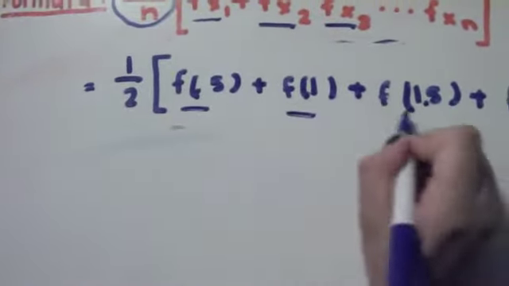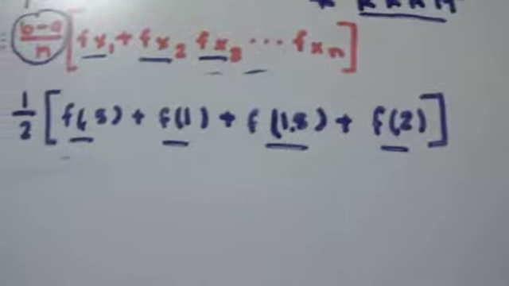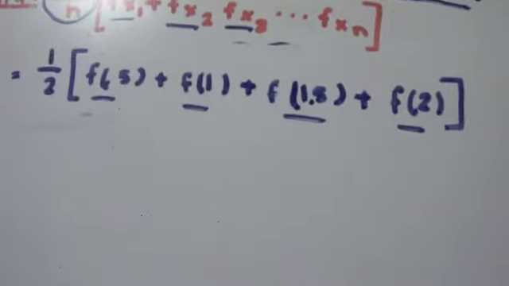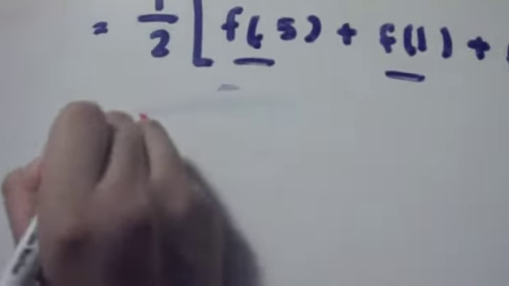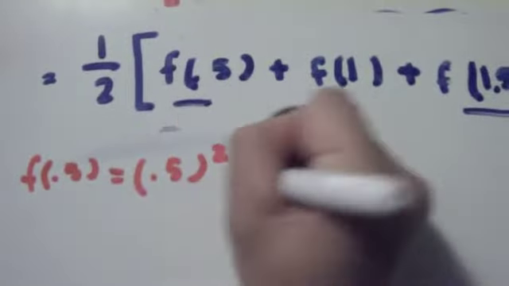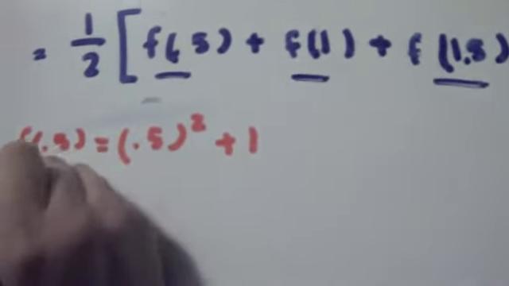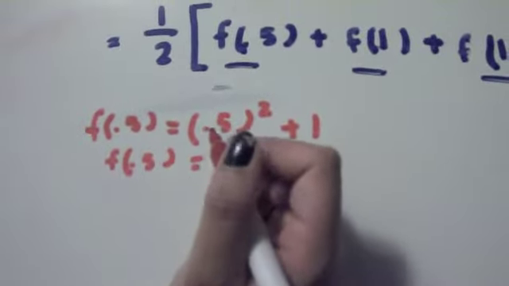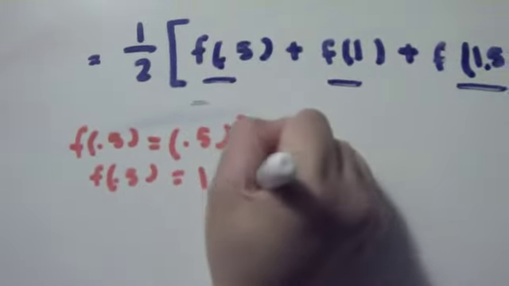in order to find what these are, you do simple math and plug them into the function that you first had, which is this fella. So f of 0.5 is going to be 0.5 squared plus 1, which simplified equals 1.25.